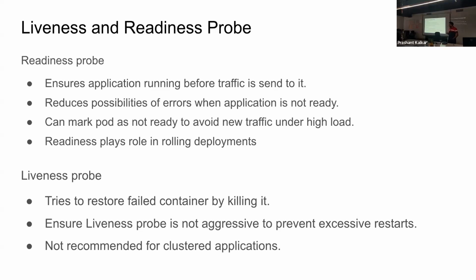In that case, if the pod does error out but doesn't crash, there is no way for Kubernetes to know apart from the liveliness probe. That's where the liveliness probe comes in. It's a way to detect that something is going wrong in the pod. Then the process of recovering it is to kill it and bring it back.